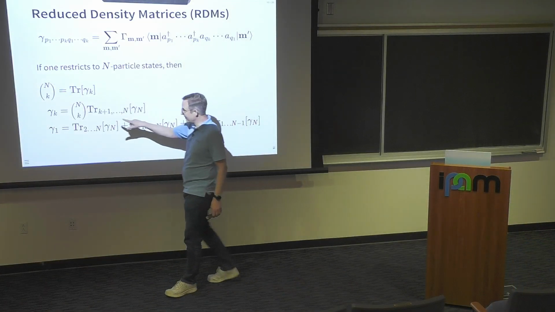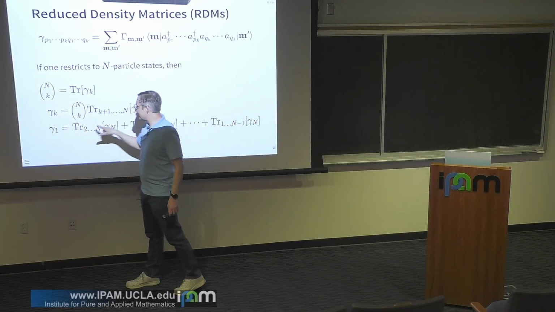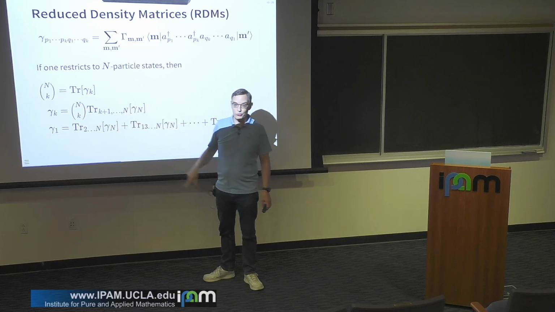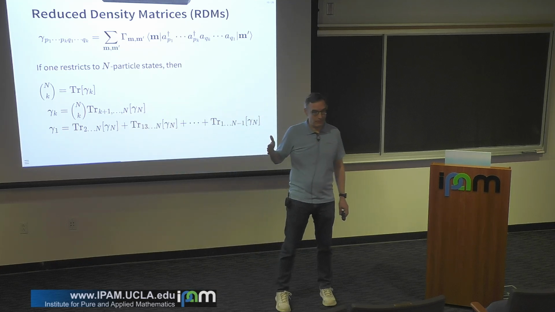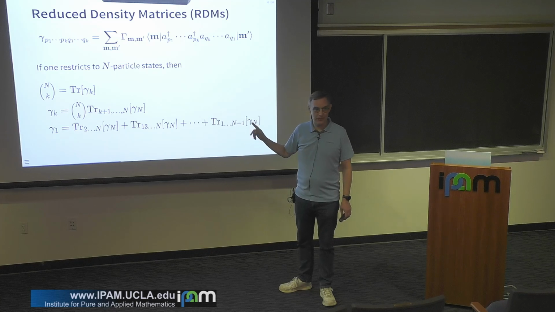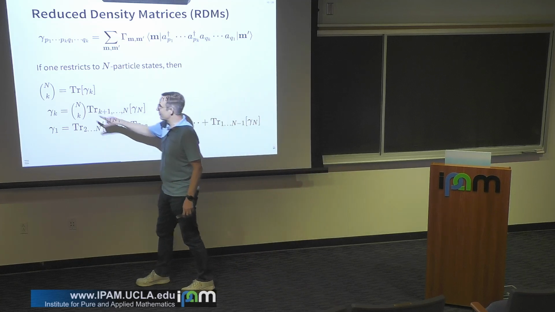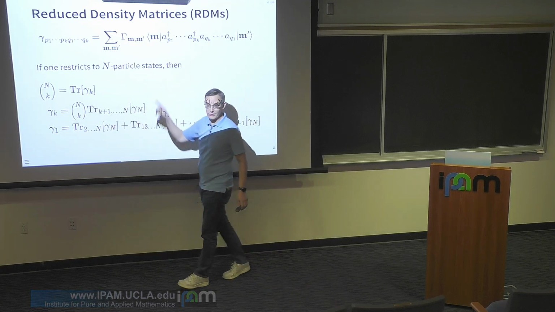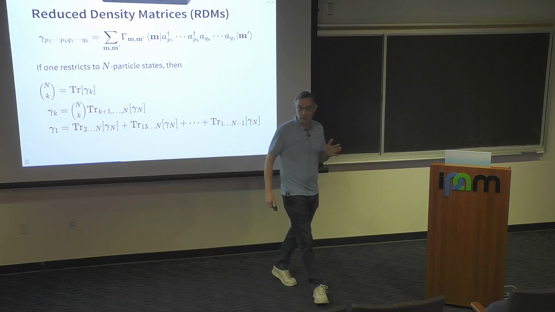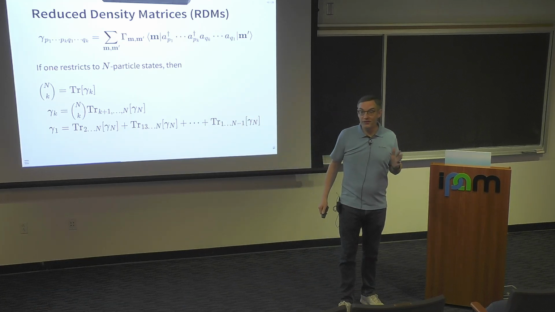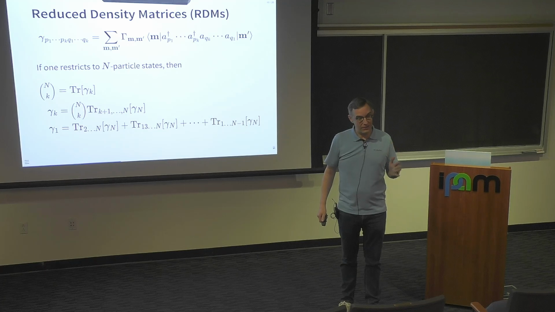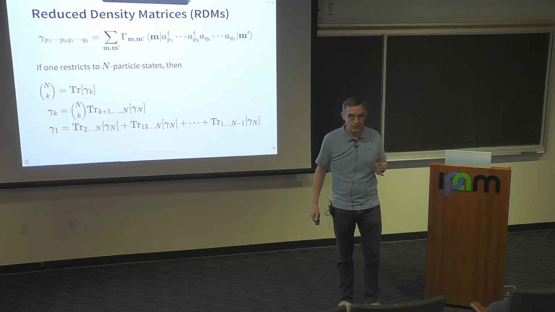And this reduced density matrix is just the partial trace of the full n-electron density matrix with a normalization factor. And it should be said that these normalization factors are really important that you restricted to the n-particle state. So these are wrong if you did not restrict yourself to the n-particle space at the beginning, right?